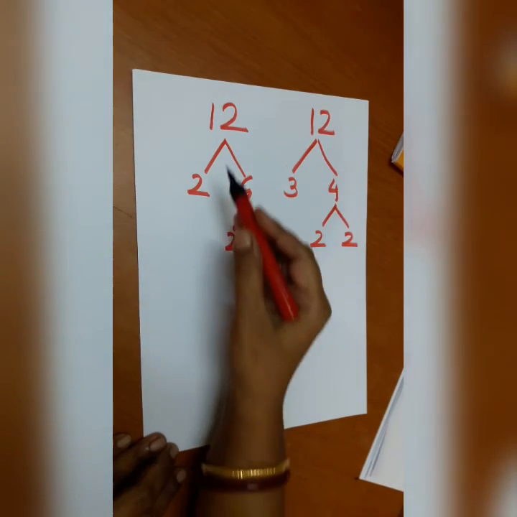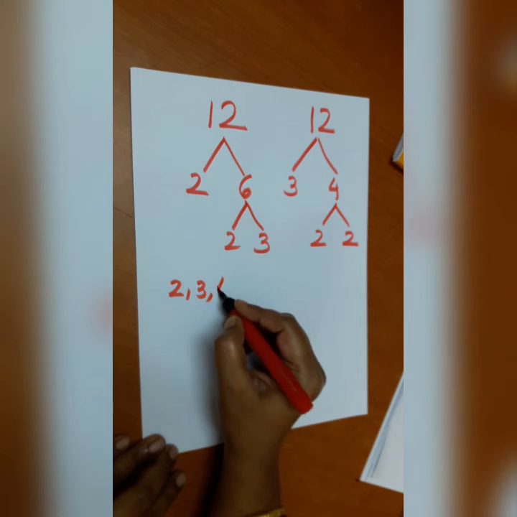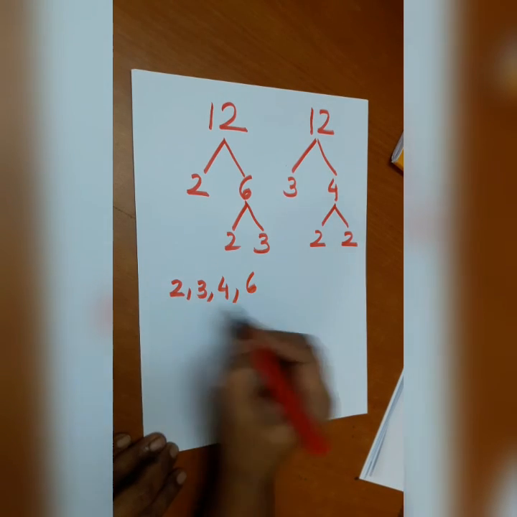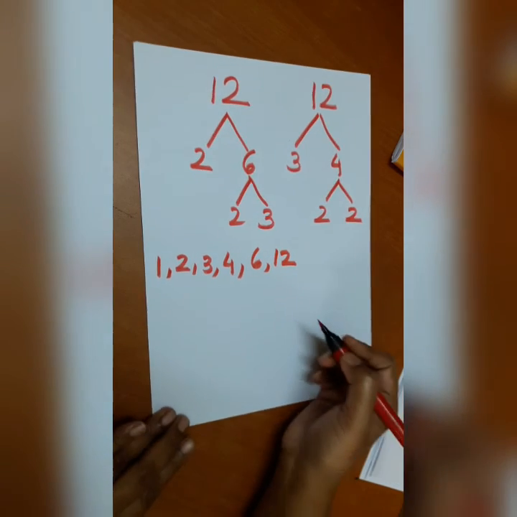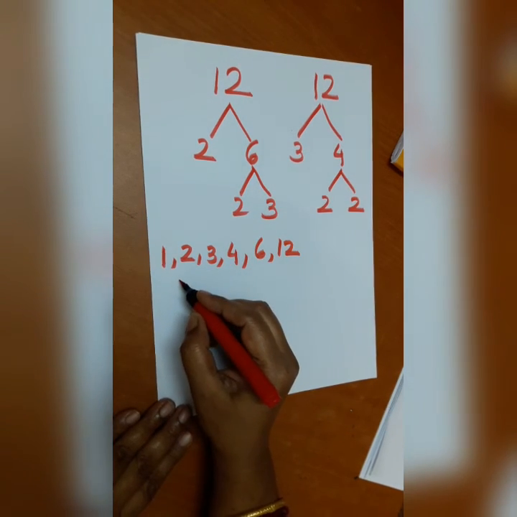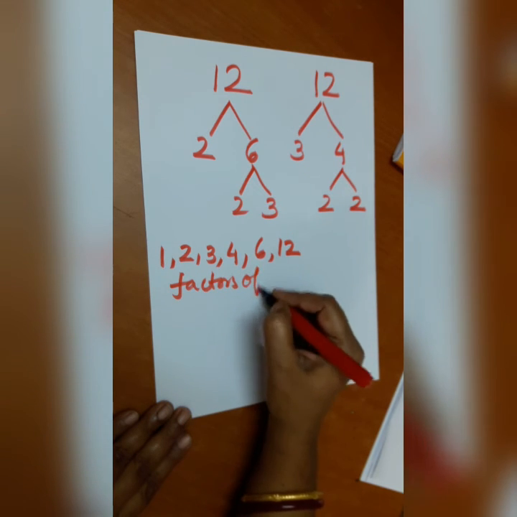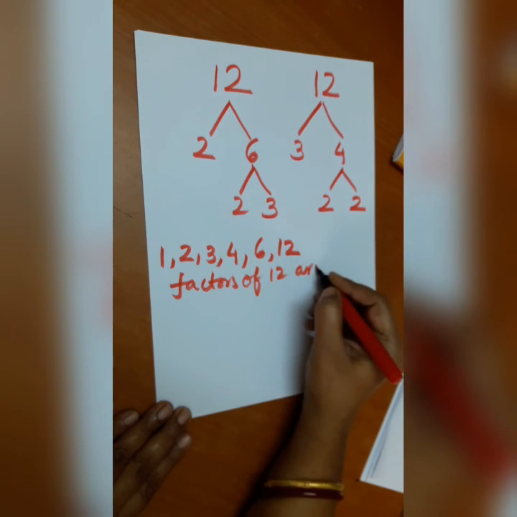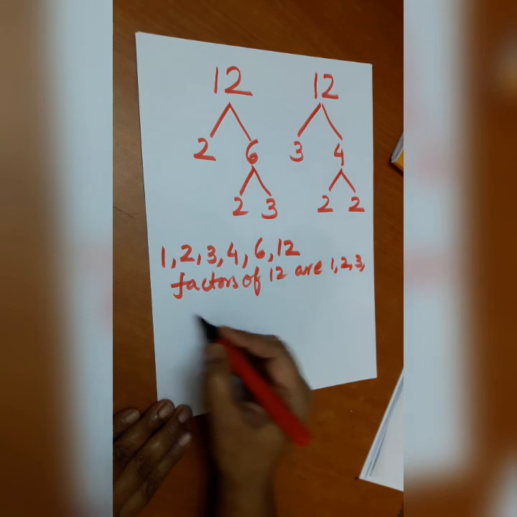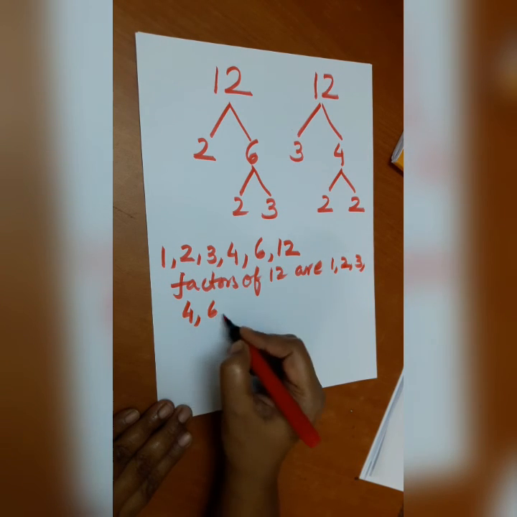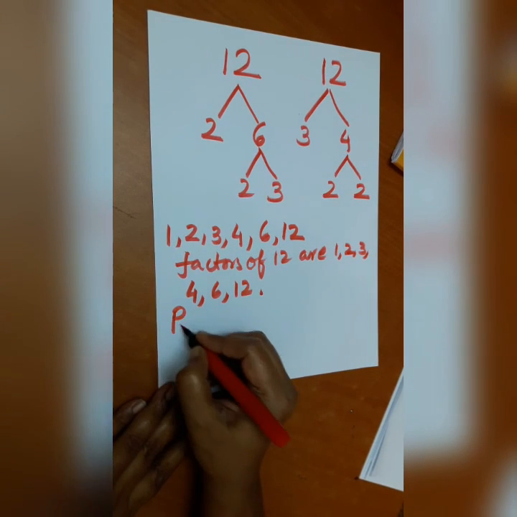Now what are the factors of 12? 2, 3, 4, 6, of course 1, and 12 itself. Factors of 12 are 1, 2, 3, 4, 6 and 12.